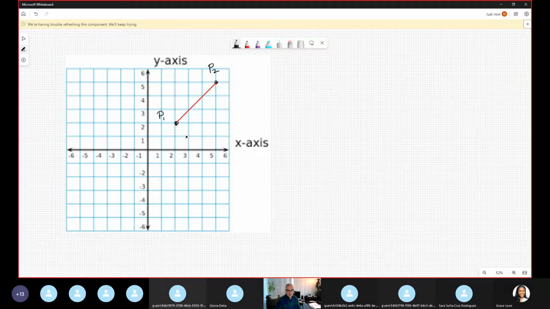Suppose, hypothetically, that the components here are x1, y1, because they belong to point 1, and this is x2, y2. To find that, we can interpret it like, for example, a triangle like that.